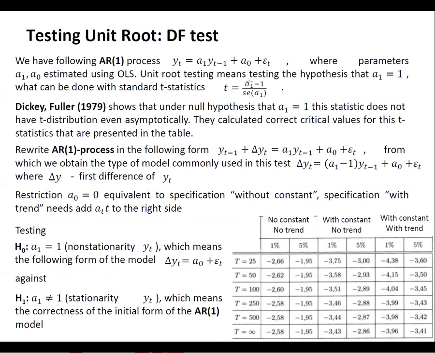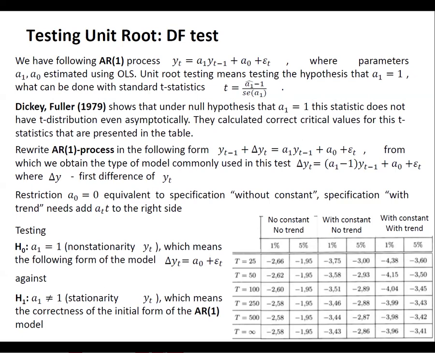These two concepts are closely related with the unit root of the AR model, and yt is a non-stationary indicator. For testing non-stationarity, the most well-known test is the Dickey-Fuller test, the DF test.